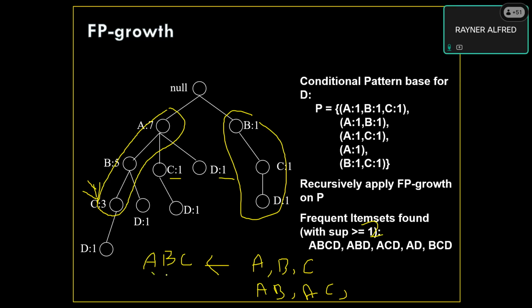We have A, B, A, C, and B, C. Okay, so that's how we use this frequent pattern tree to keep track of the frequent items for market basket analysis.